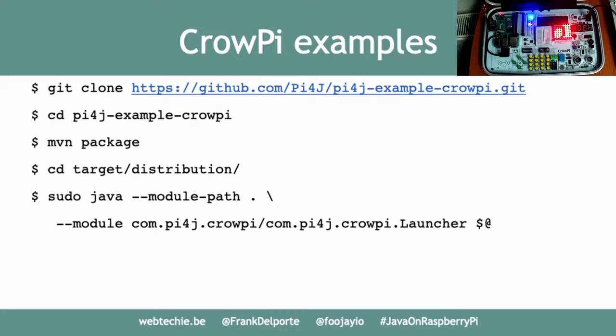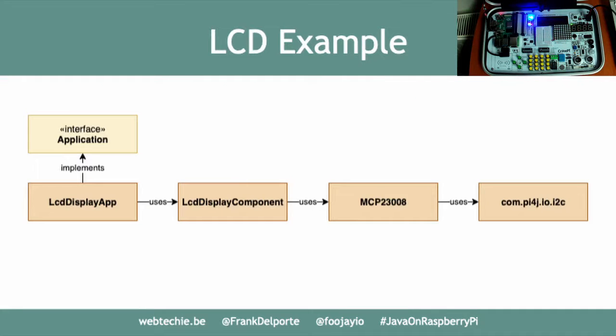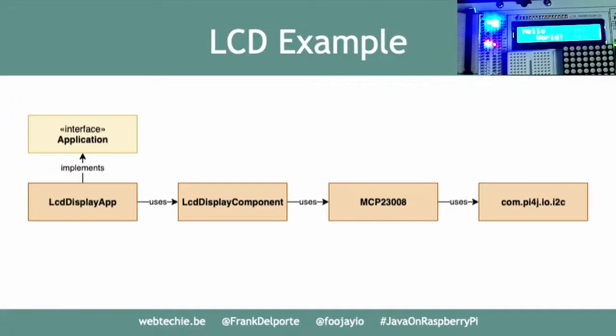This project has the way of controlling all the components inside this GrowPi, and let's look at one specific example, the LCD example. So it has an LCD display, an application to control the display, which actually uses some kind of chip to control it, and then you have I2C, which is the protocol to exchange data with this component.